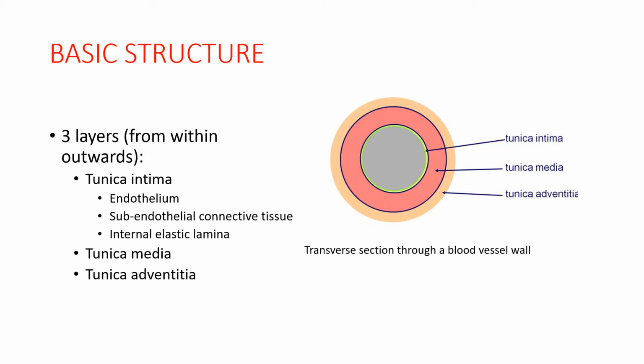Modifications of this basic design account for various types of blood vessels, and as we go further, we will discuss how in different blood vessels there is variation in these three layers. But first, I will describe the basic structure of each of these layers in general.